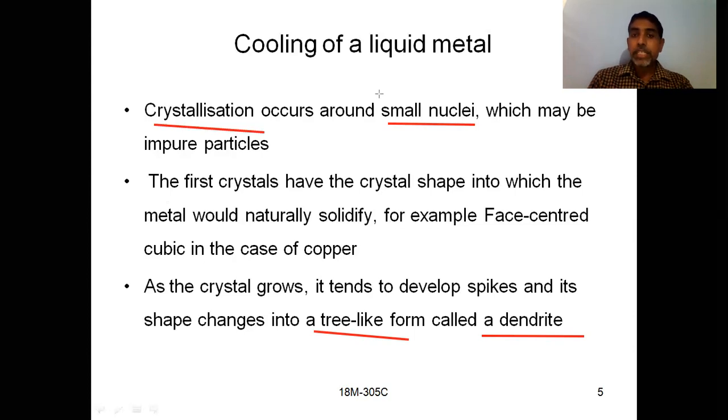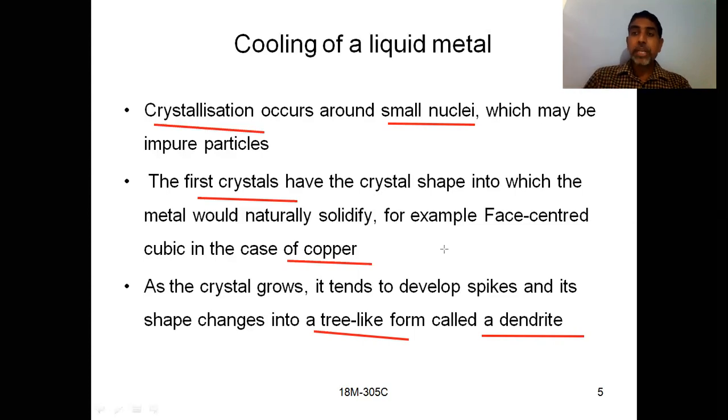That means initially a small nucleus will be formed, and which crystal structure it should have will be decided in the first crystals. That means if it is face centered cubic, if you take copper, in copper you have an FCC structure. So when you cool copper, what will happen? The first crystals will acquire the shape of FCC. That means you will have a complete FCC structure.